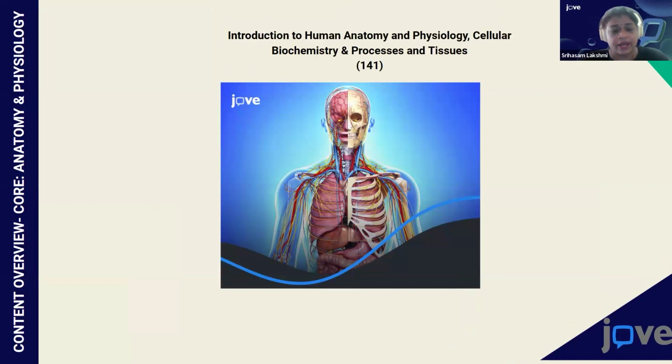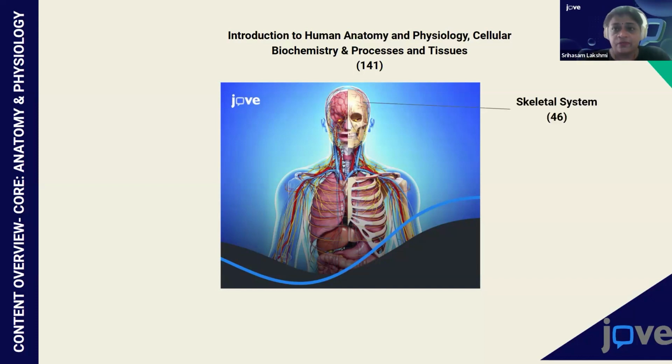So currently what we have is the introduction to human anatomy and physiology. Here we have 141 videos that discuss the basic terms used in A&P, the various cellular biochemistry processes, homeostasis, and what the various types of tissues are. All these are discussed here.